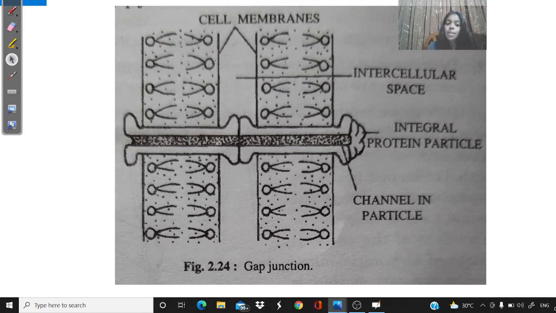Communicate means, suppose from one cell, certain substances need to pass into the next cell. So there should be some passage, some pathway through which this communication is possible. So those pathways or those channels are called gap junctions, as if they are a junction between the gaps between the two cells. Now basically these gap junctions are nothing but protein channels.